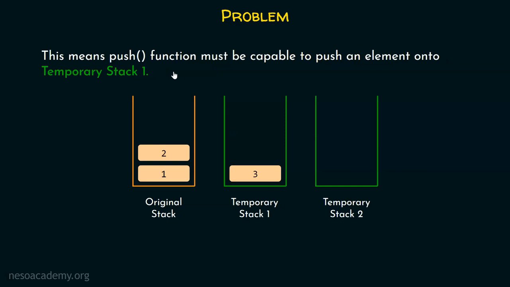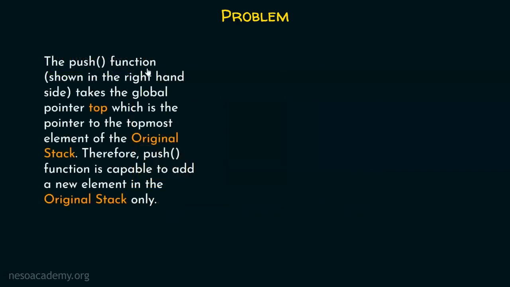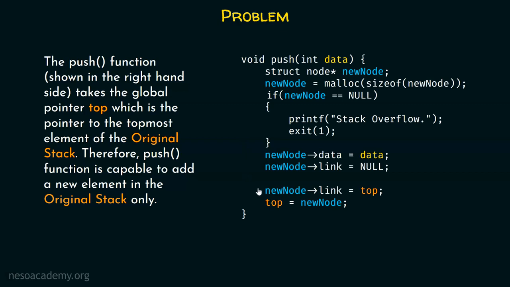And this simply means that push function must be capable enough to push an element onto temporary stack 1, but currently it is not. The push function shown in the right hand side, you can see this is the push function, takes the global pointer top, which is the pointer to the topmost element of the original stack. You can see this over here, that this push function will always receive this global pointer top and will never receive top 1 and top 2 because it is designed like this, right?